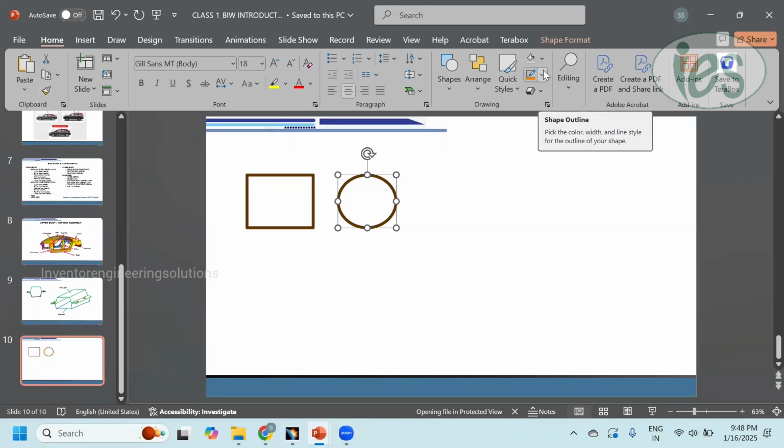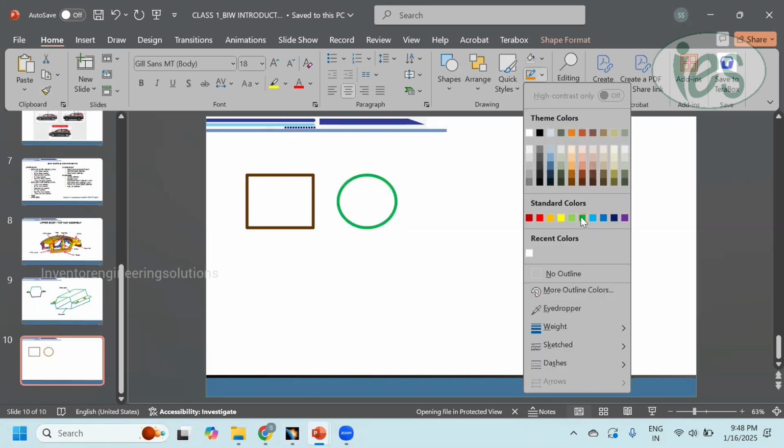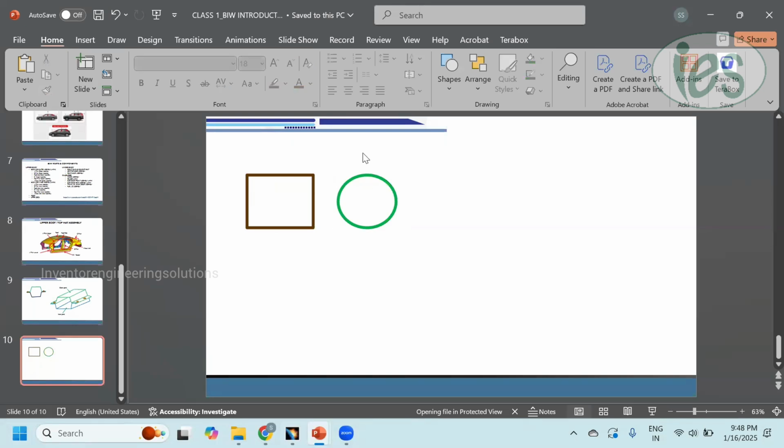If you maintain this kind of closed structure, then when we apply a load on it, it withstands the load.